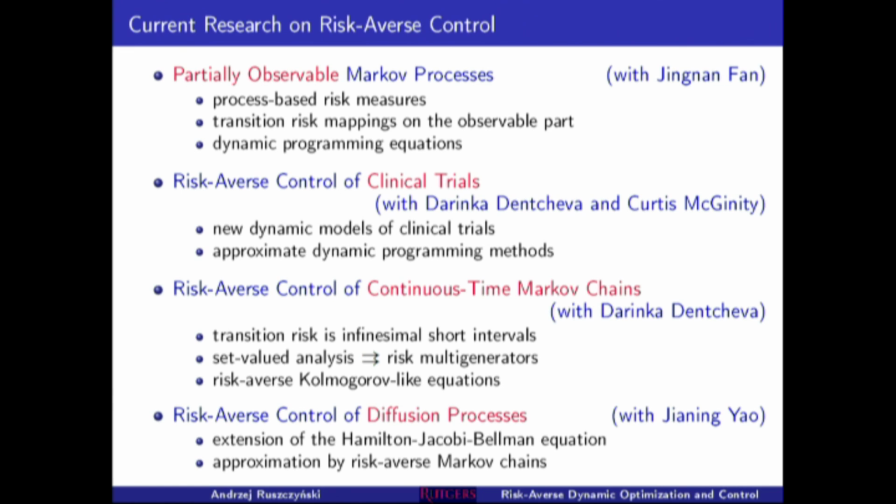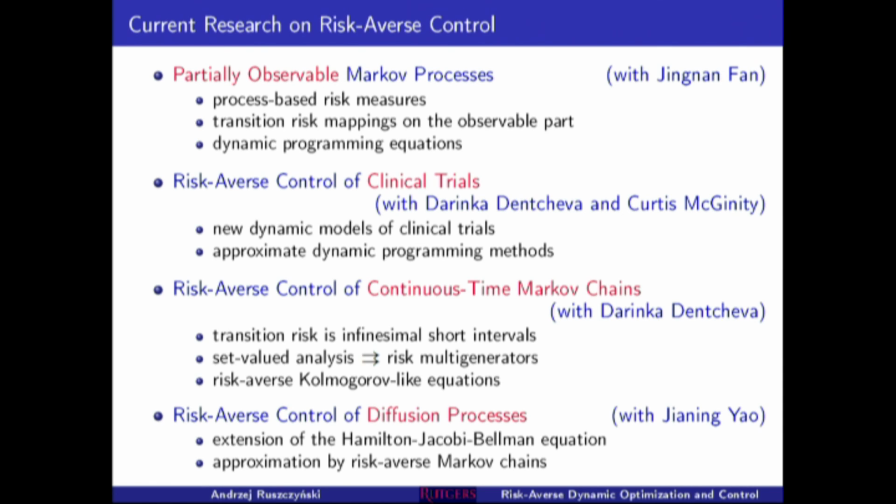Other topics that are associated with this line of research, and some of them are discussed here at the conference, are partially observable Markov processes. A very interesting application is to clinical trials, where risk aversion appears to beat the expected value model in expectation, which is something that you probably think is wrong, but indeed it happens if you use approximations of both models.